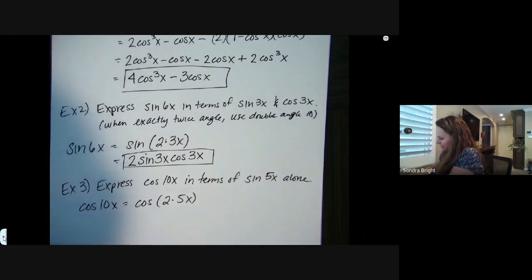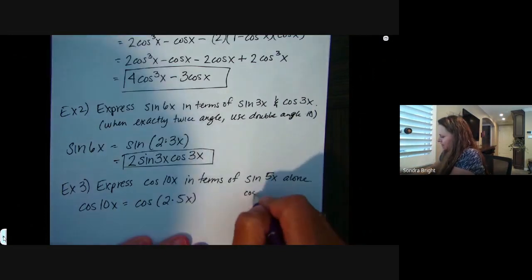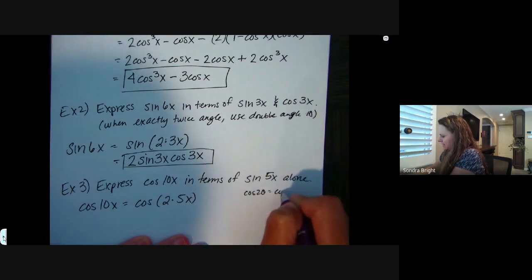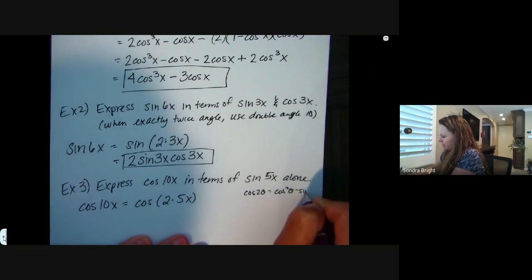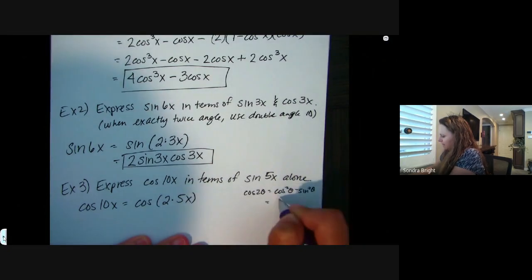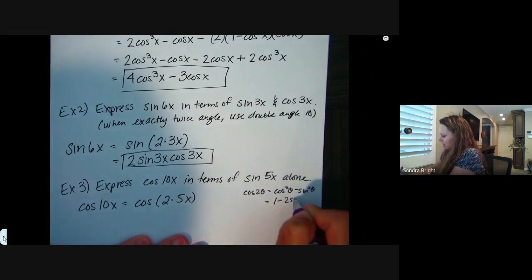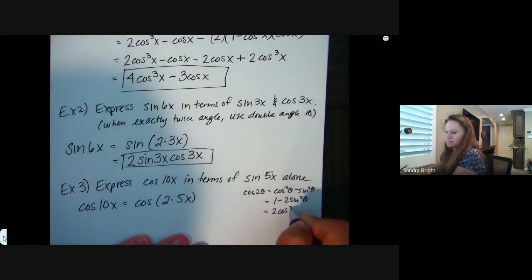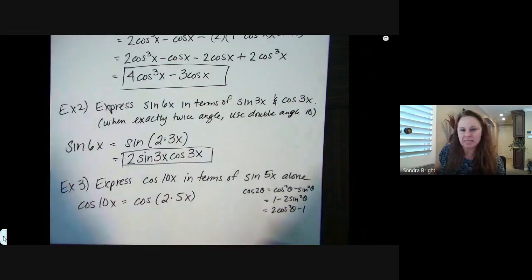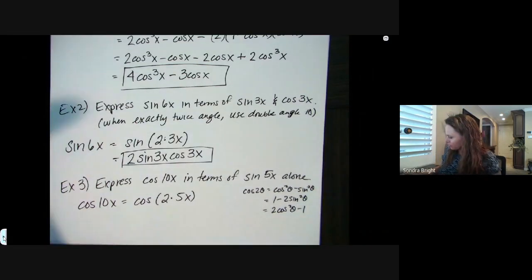Cosine of 2 theta is cosine squared minus sine squared. That was one of them. We have 1 minus 2 sine squared, and we had 2 cosine squared minus 1. That was from day one's lesson, right? The double angle identities. So for cosine of 2 times an angle, you've got 3 of them to choose from.